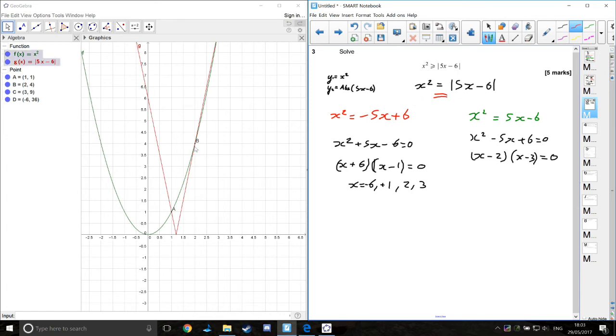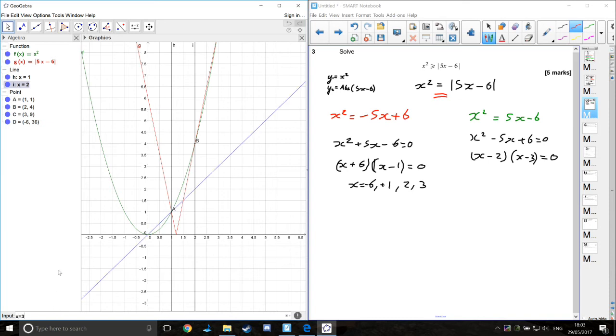So just to put some emphasis on this, I'm going to draw some lines in. We're going to have x equals 1, x equals 2, x equals 3, and x equals minus 6.